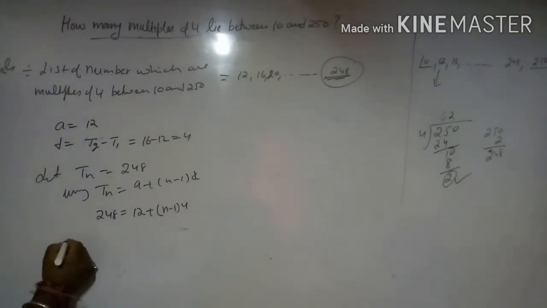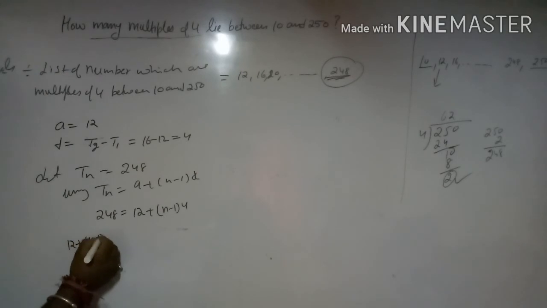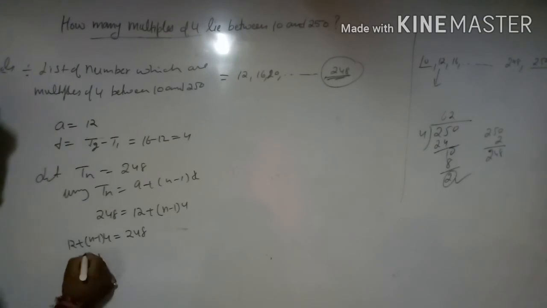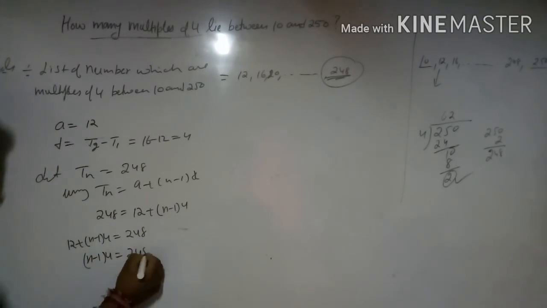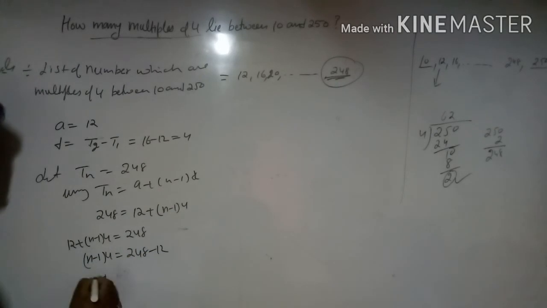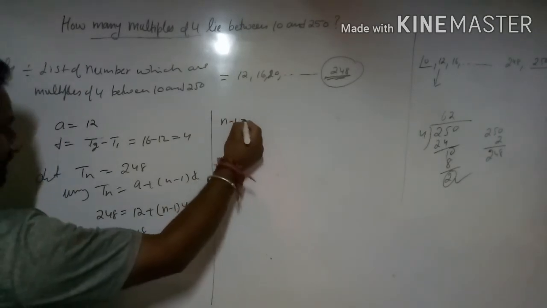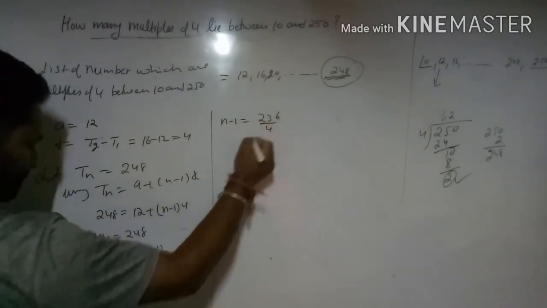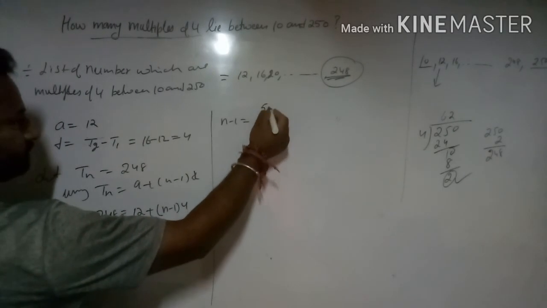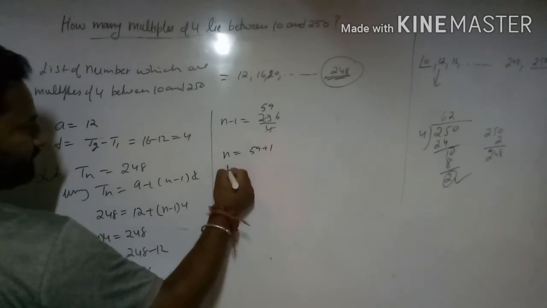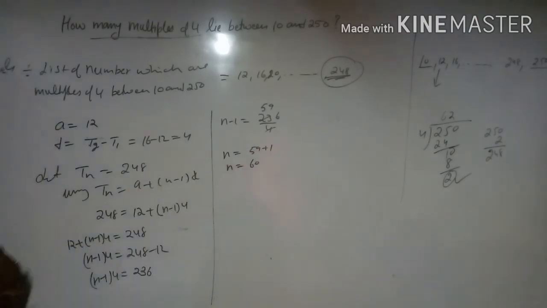So (n minus 1) into 4 is equal to 248 minus 12, which is 236. So n minus 1 is 236 upon 4, that is 59, and n is 59 plus 1, that is 60. So the number of terms is 60.